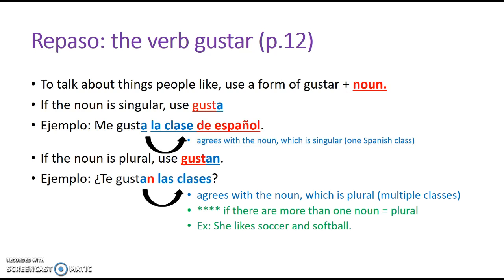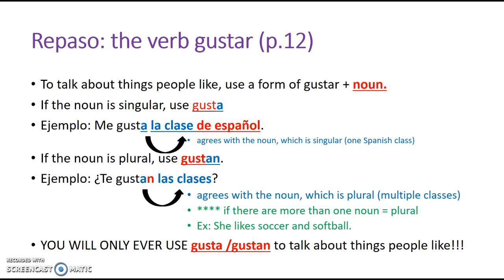So you have to remember that the verb gustar always agrees with the noun, not the person, which can be singular or plural. One note, you will, in this class, and generally in life, only use gusta and gustan to talk about things people like. We're not going to use any other form of gustar. We never say me gusto.